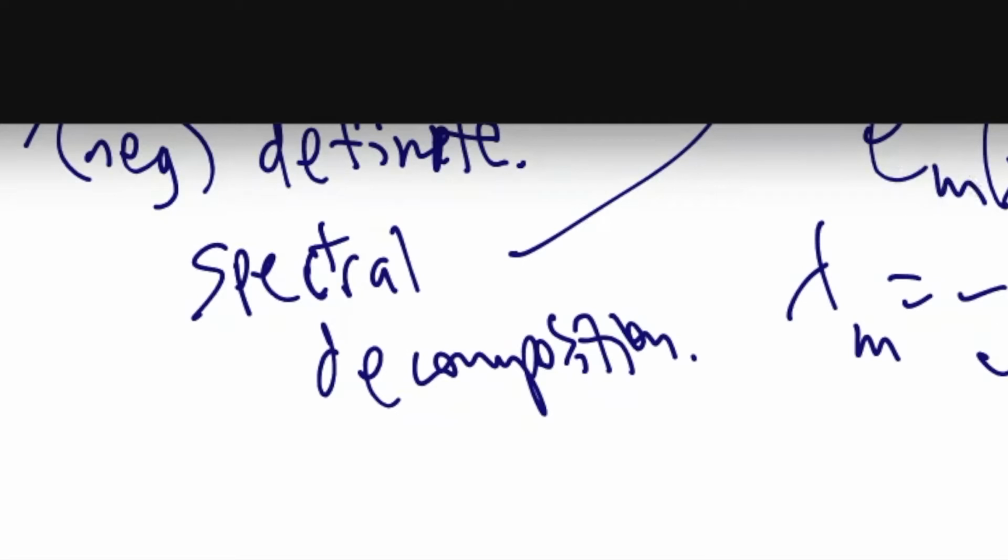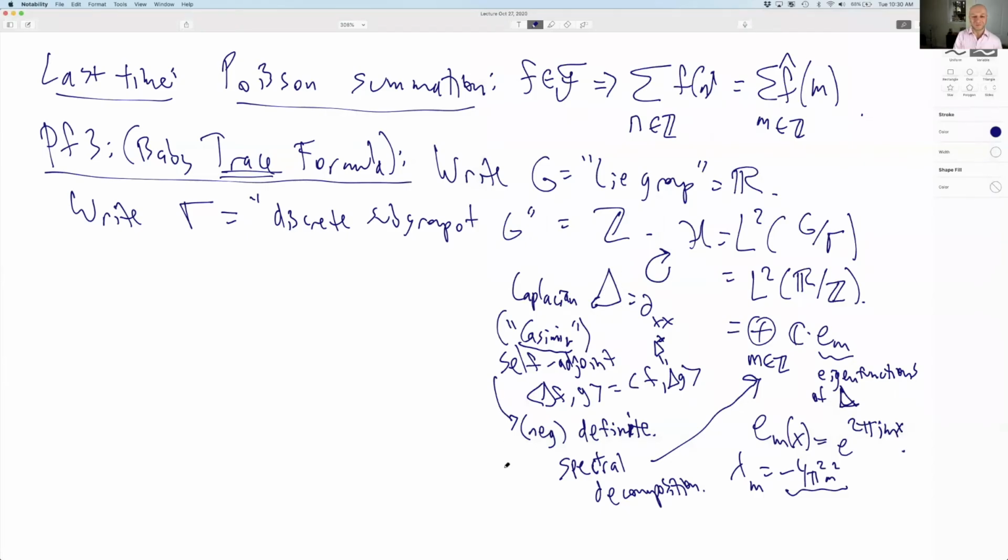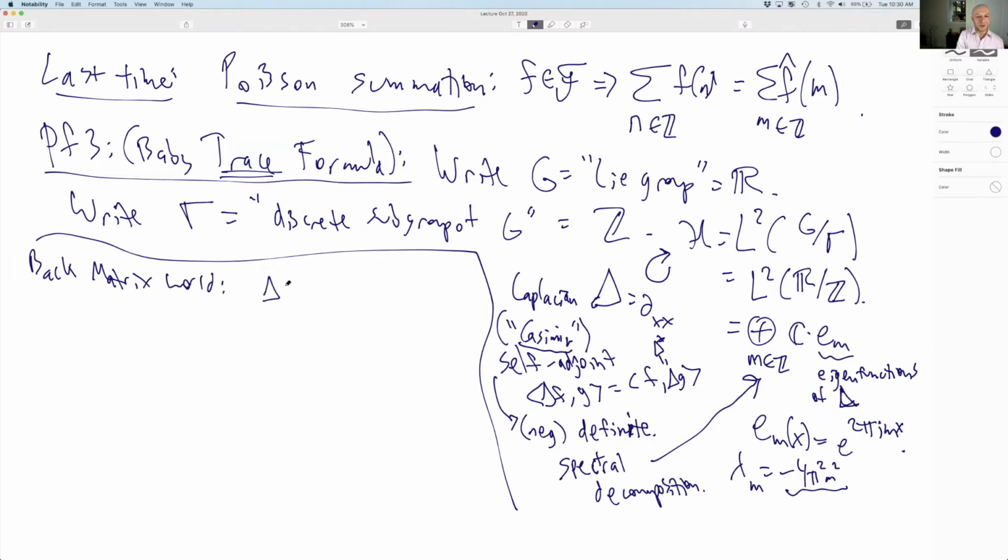eigenvalue space. In other words, if you go back to matrix world, delta would be some infinite dimensional matrix.